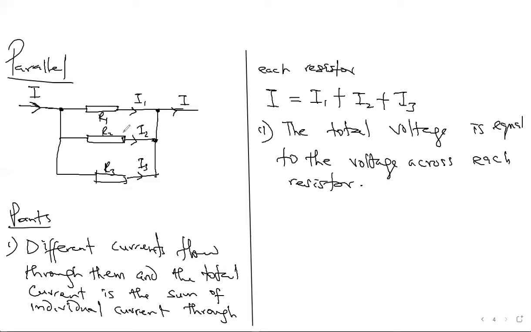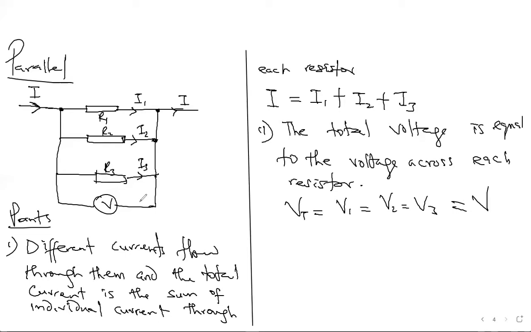But for series, the voltage is different, but the current is the same. So that's how you think about it. What this tells you is that VT will be V1, equal to V2, equal to V3, and all of them are equal to V. This voltage is equal to this voltage, equal to this voltage, and equal to the voltage that this will measure. So the voltage is the same, basically V.